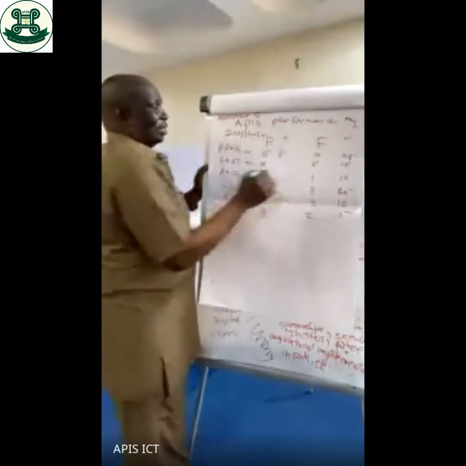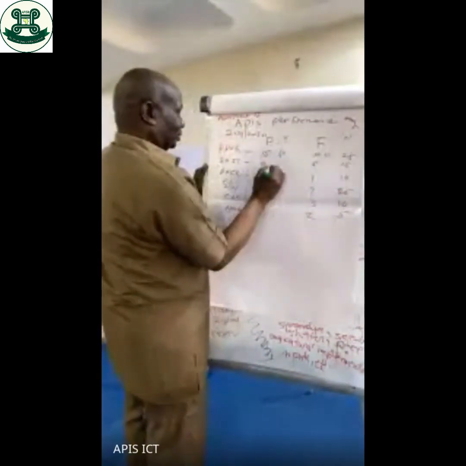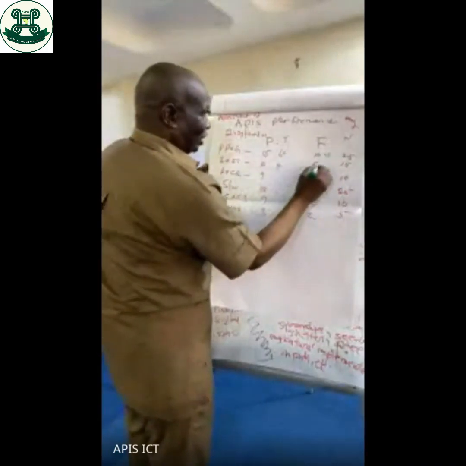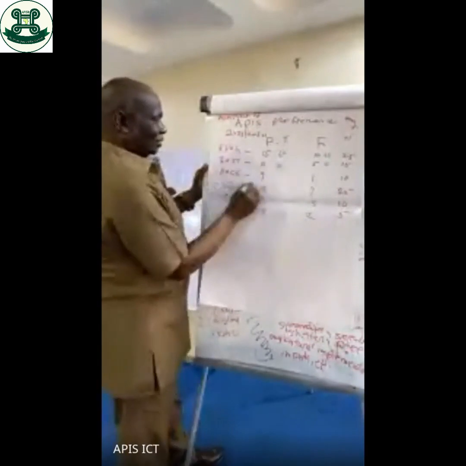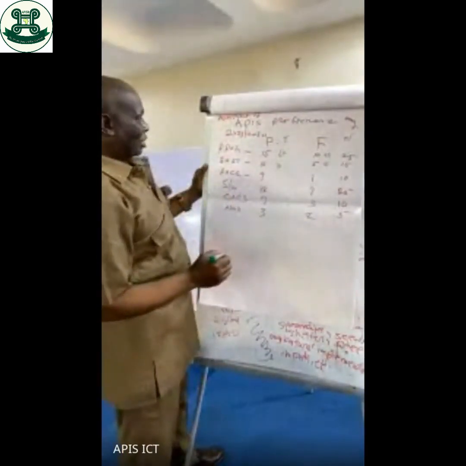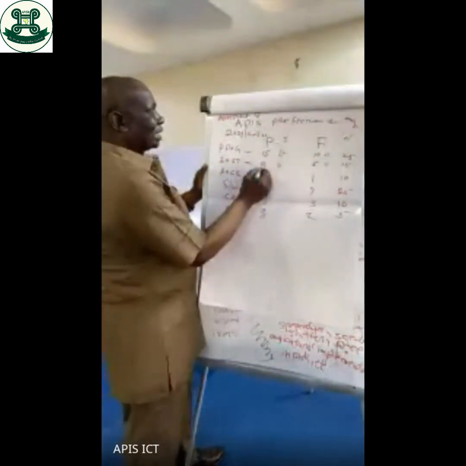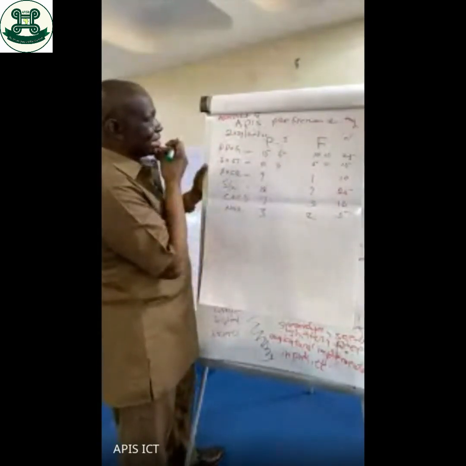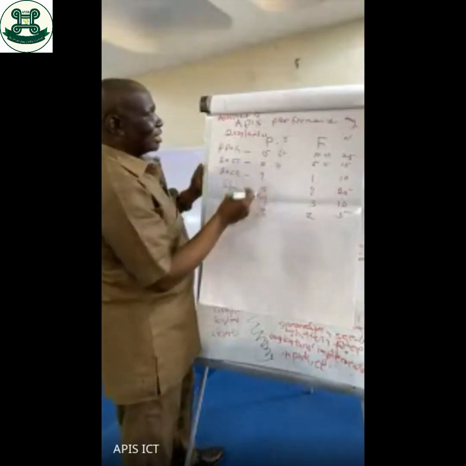Okay. What of here? 90. What of here? 10. Right. How can this one be correct, 90? No, it can't be correct at the community. 18.7.